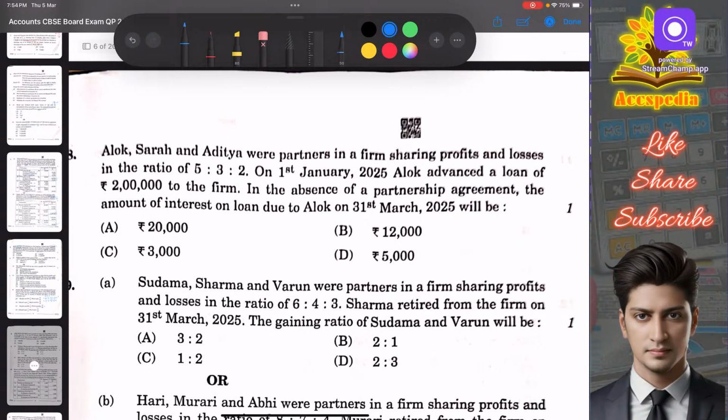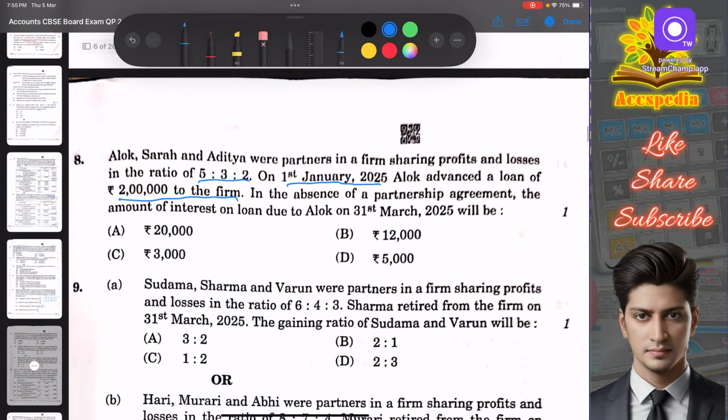Alok, Sara, Aditya, 3 partners sharing profits and losses in the ratio of 5:3:2. On 1st January 2025, Alok advanced a loan of 2 lakh. Alok has given a loan to the firm. In the absence of the partnership agreement, the amount of interest on loan due to Alok on 31st March. Since he gave the loan on 1st January 2025, just 3 months interest is allowed.